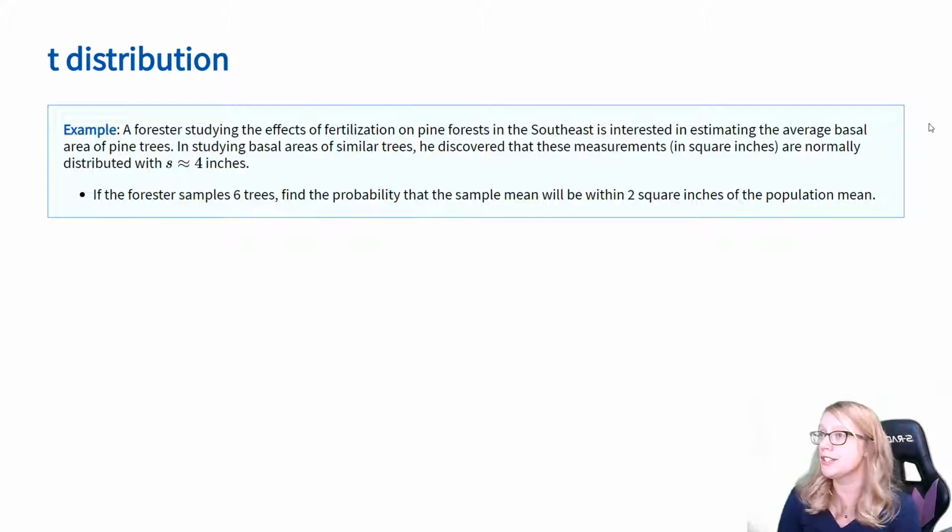So a forester studying the effects of fertilization on pine forests in the southeast wants to estimate the average area of a pine tree. He discovered that these measurements are normally distributed with about standard deviation 4 inches in previous studies. So if we sample 6 trees, find the probability that the sample mean will be within 2 square inches of the population mean.